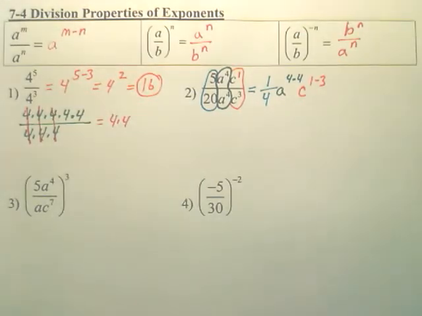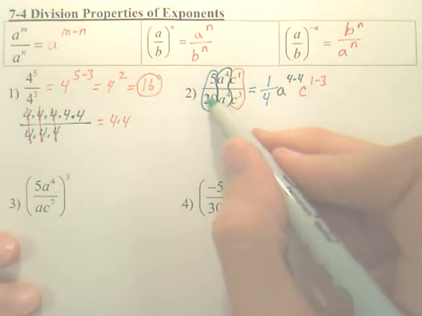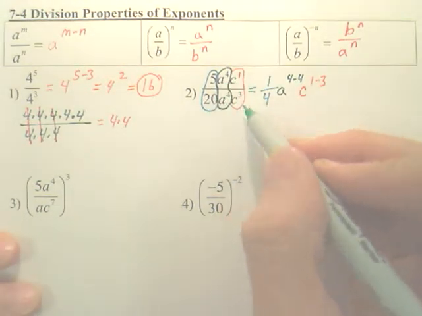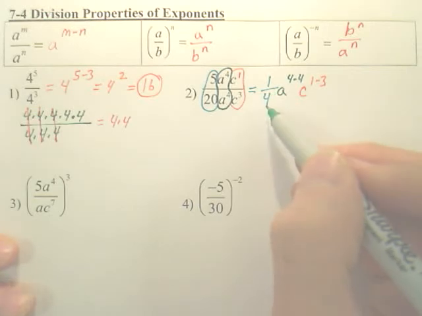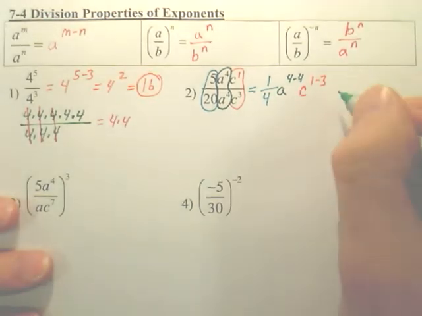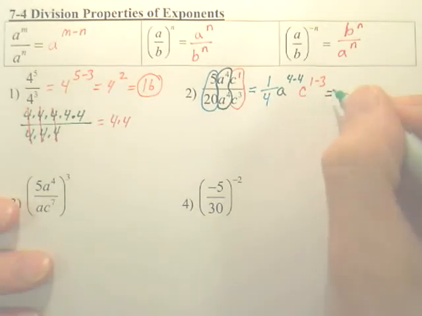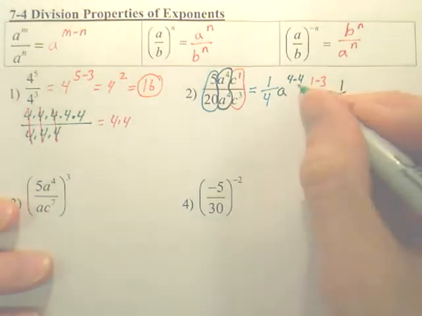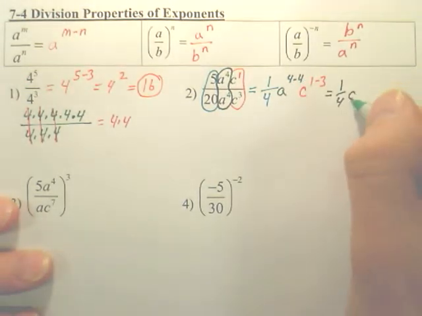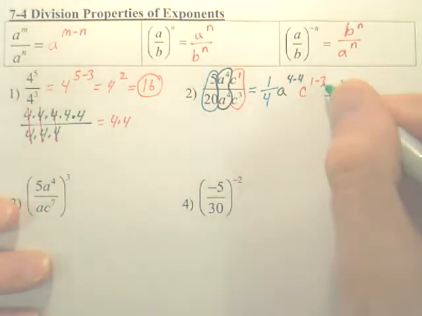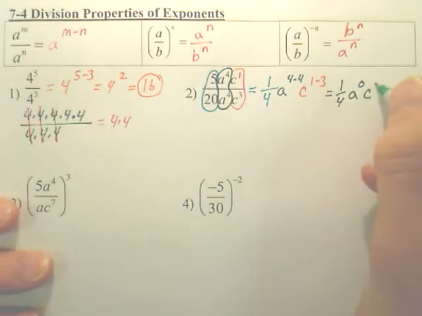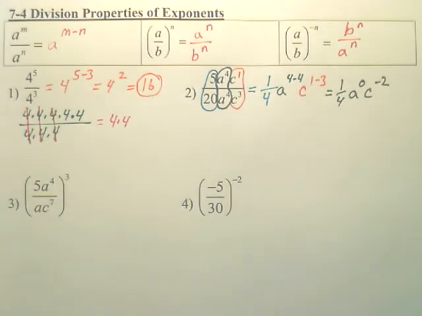So we focused on the fractions, and then the a's, and then the c's. So 1/4 is 1/4, but 4 minus 4 is 0, and 1 minus 3 is -2.